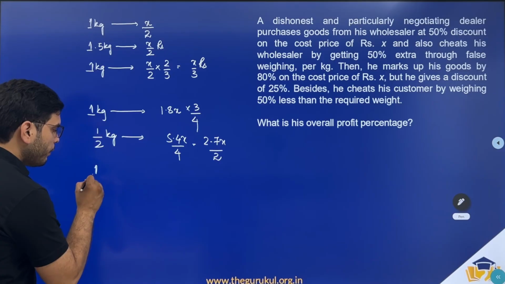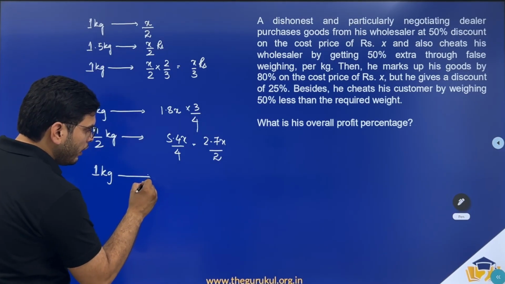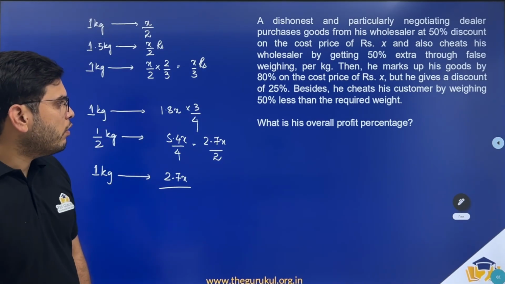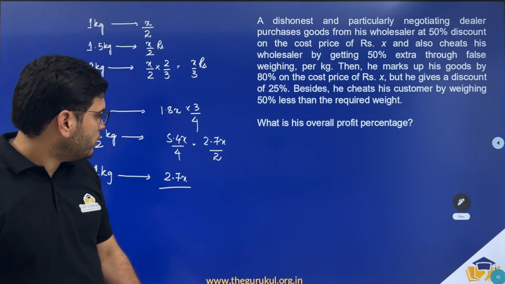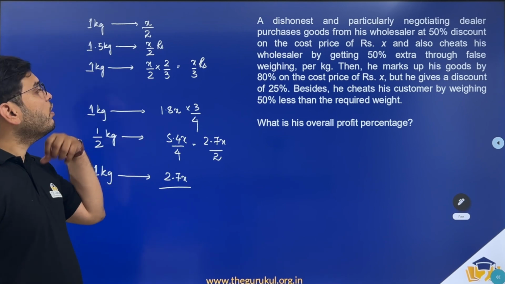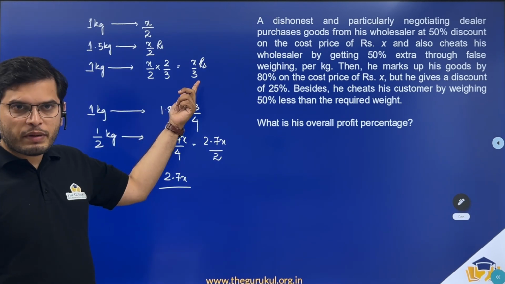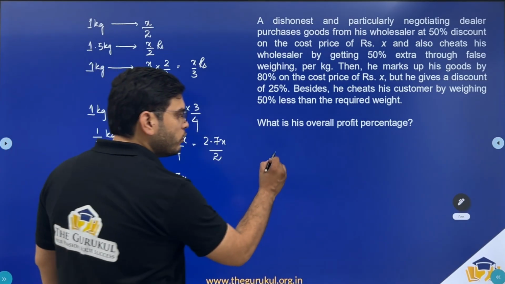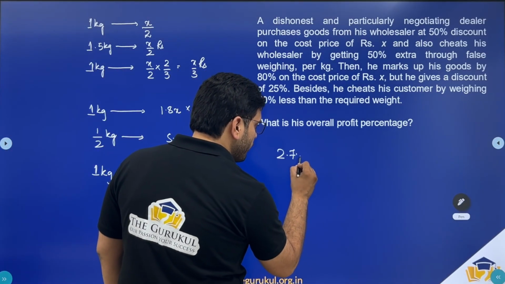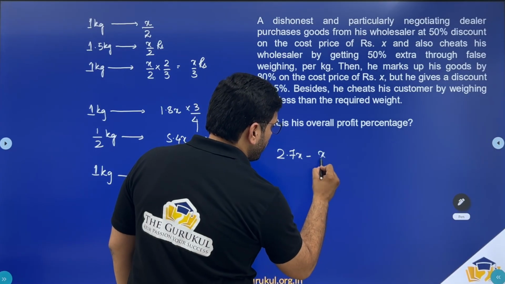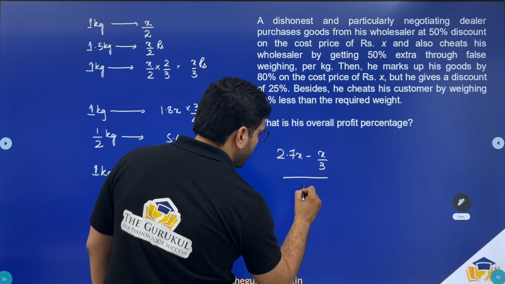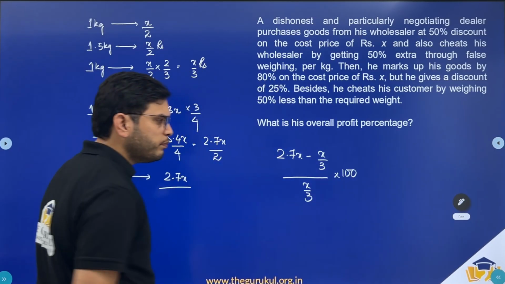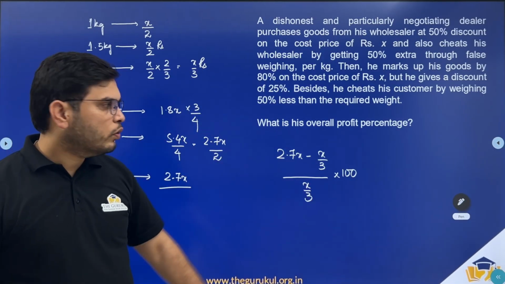Then what was the selling price of 1 kg? It would be 2.7x rupees. Now what was asked? What is his overall profit percentage? So he was buying 1 kg of goods for X by 3 rupees, selling at 2.7x rupees. So profit would be 2.7x minus X by 3, by X by 3, into 100. Profit by cost price into 100.